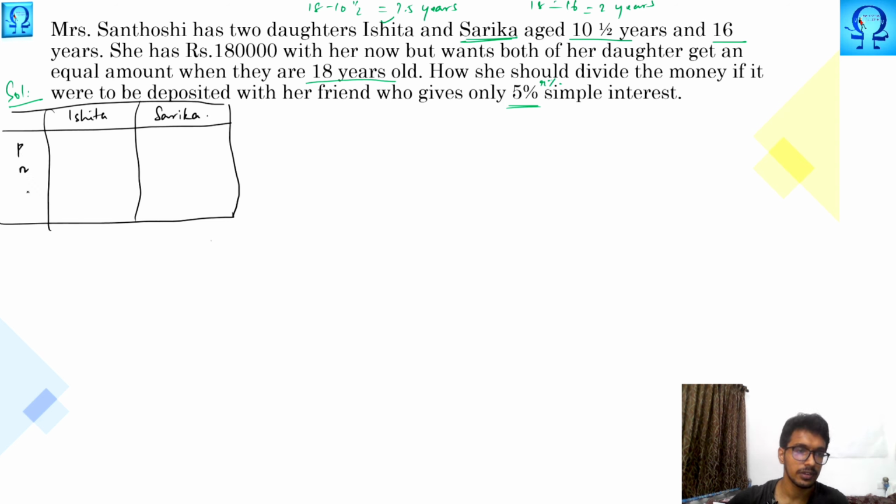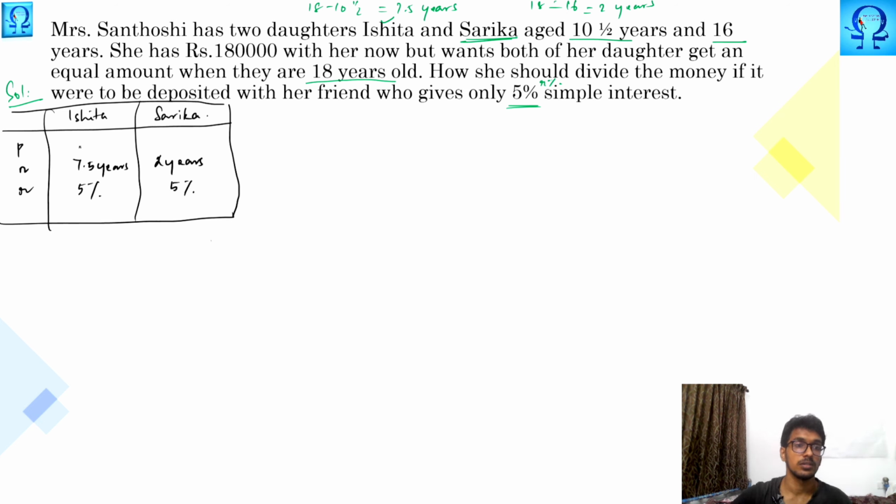Principal, number of years, rate of interest. These are the three things that we require. The rate of interest is 5% for both. Ishita is just now 10.5 years, so 7.5 years is the period of investment for Ishita, whereas for Sarika it is 2 years.